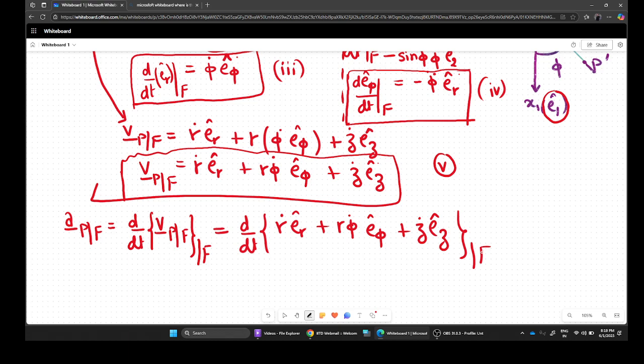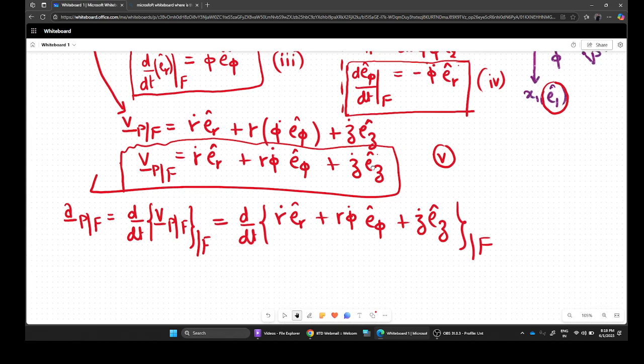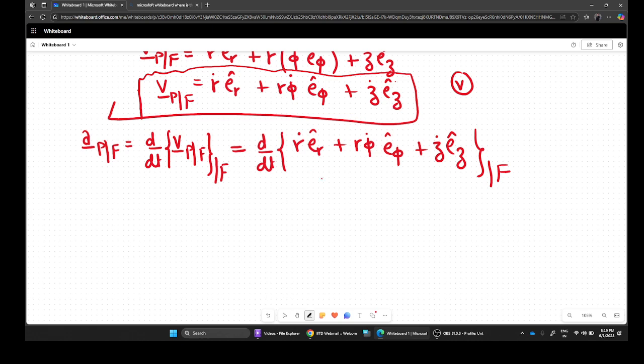With respect to f, we have 3 terms inside the derivative. If you apply product rule of differentiation, we are going to get 6 such terms, and I'm going to write them explicitly first.